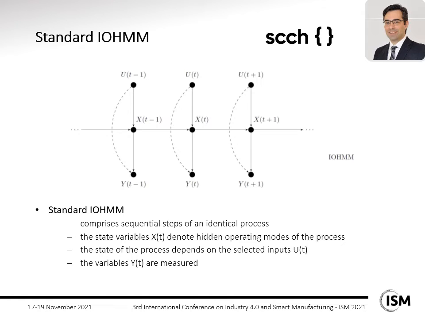The following figure shows a standard input-output hidden Markov model, which comprises sequential steps of an identical process. So the same process repeats every time interval t. And at each of these steps, we have a certain set of control inputs u, whose values might change over time, but the set of control inputs is always the same.